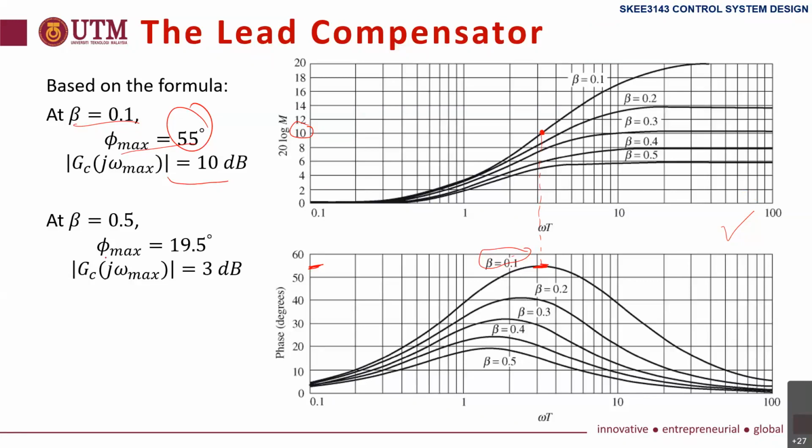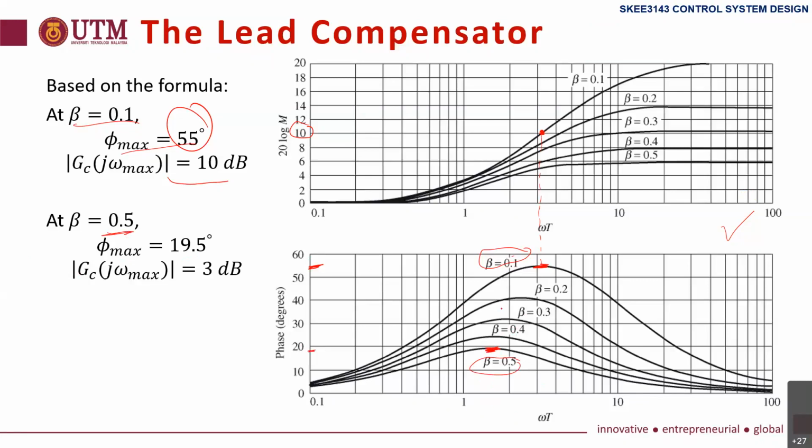If you do the same for beta 0.5, you will get a maximum phase of 19.5, nearly 20.